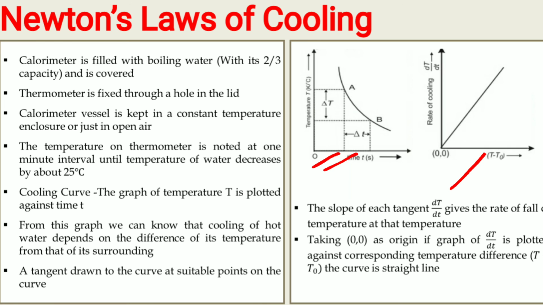Taking 0,0 as origin, if you draw the graph of dT by dt plotted against temperature difference, you can see a tangent drawn at points A and B. dT is the temperature difference between point A and point B, and dt is the time difference between point A and point B. This dT by dt is plotted against the corresponding temperature difference T minus T0.